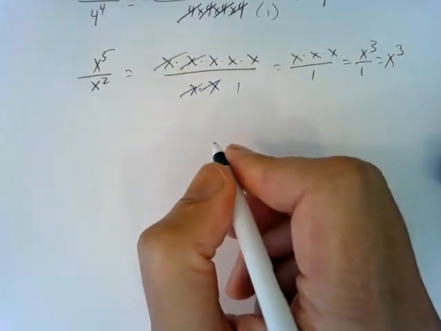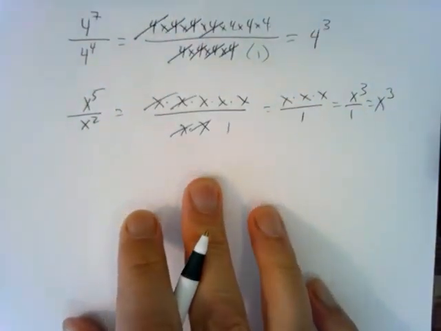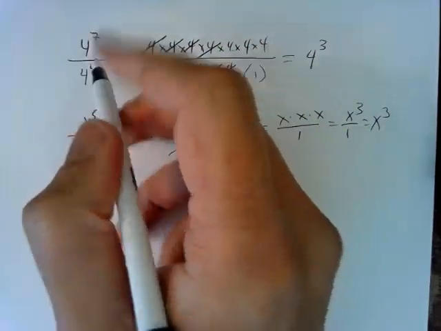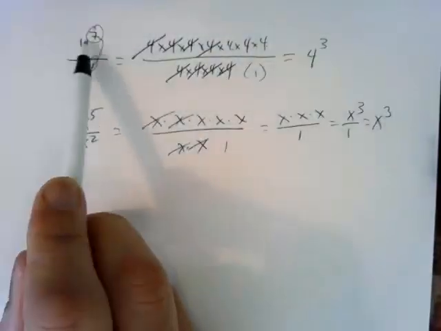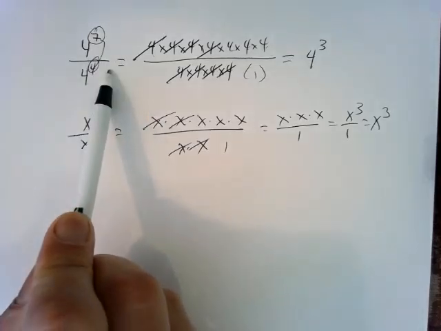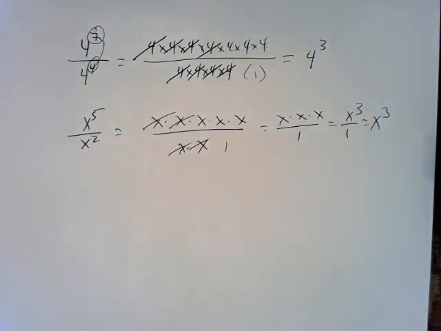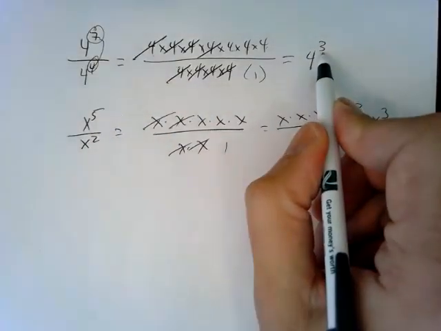And what we are beginning to see now is a general pattern for division. Notice that when we divide, 7 minus 4, so if we take the exponent in the numerator minus the exponent in the denominator, we get the exponent of the answer.